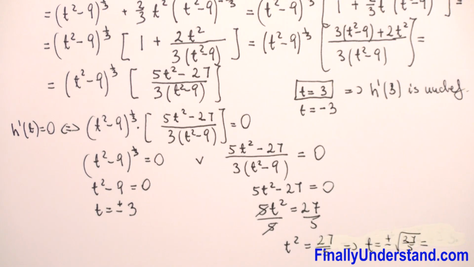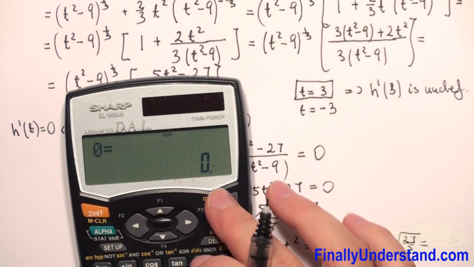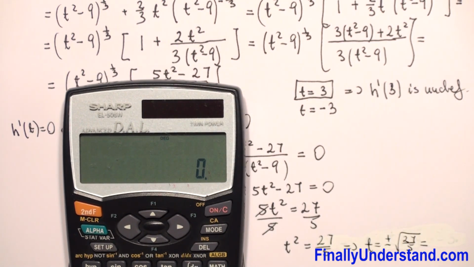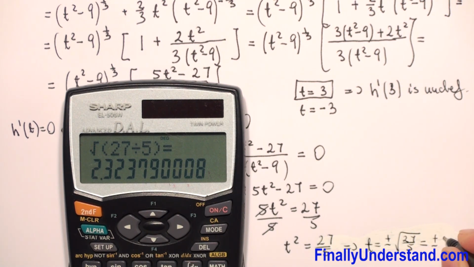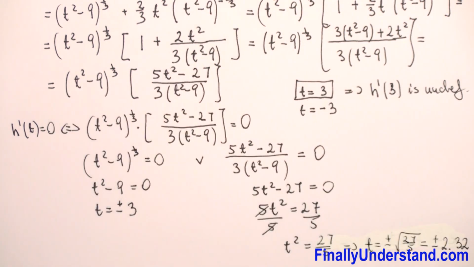Let's use the calculator. We have the square root of, in parentheses, 27 divided by 5. This is equal to plus or minus 2.32. So we got 4 solutions: positive and negative 2.32, and positive and negative 3.